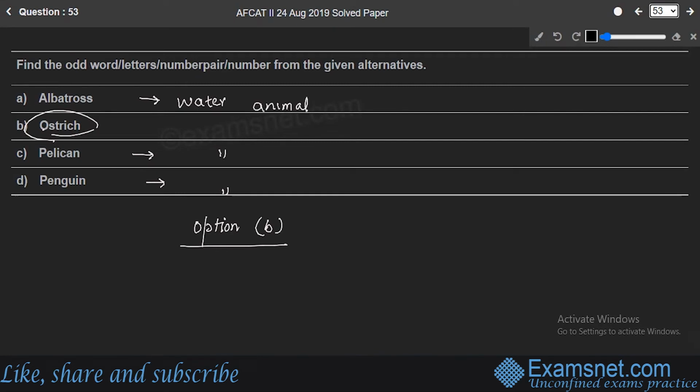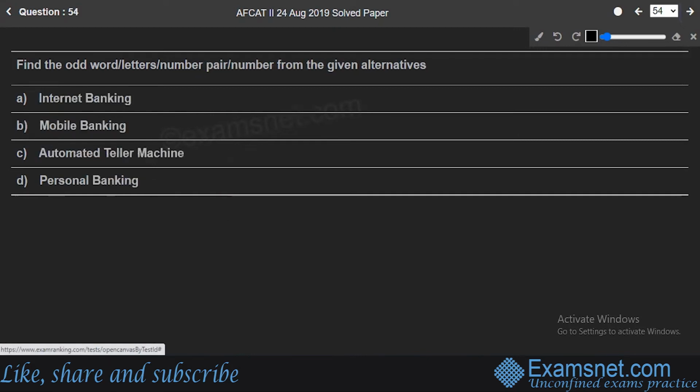Let's move to the next question, question number 54. Again, you have to find out the odd one out, and the alternatives here are: internet banking, mobile banking, automated teller machine, or personal banking. See, internet banking and mobile banking both make use of the internet, right?